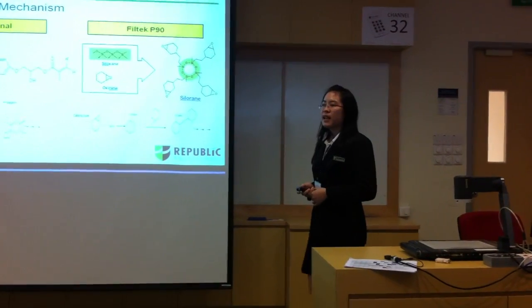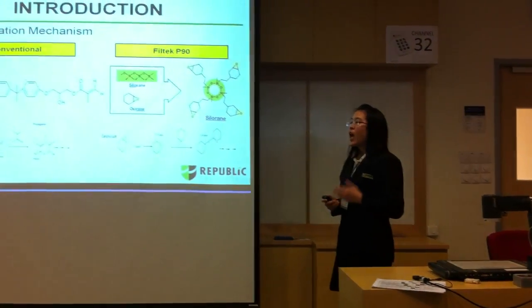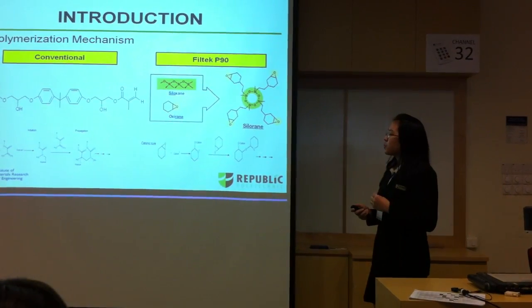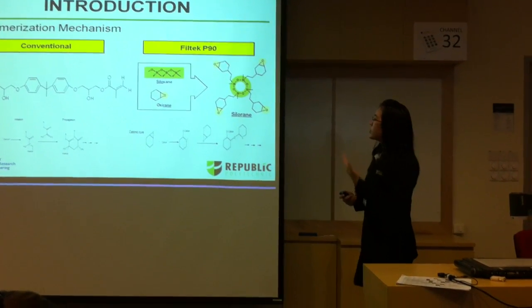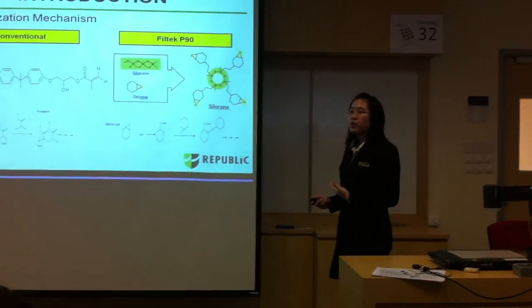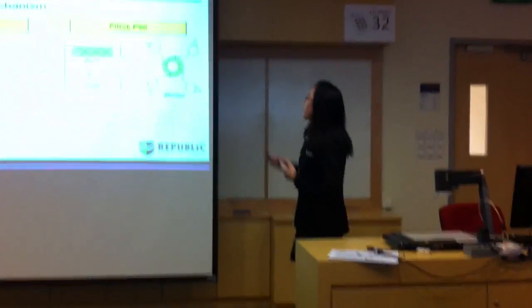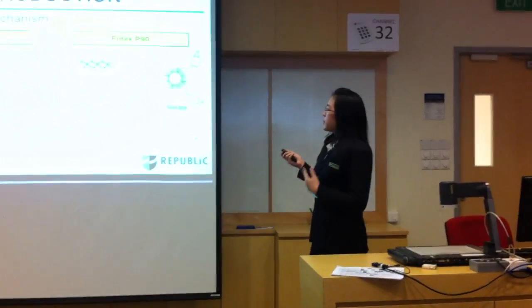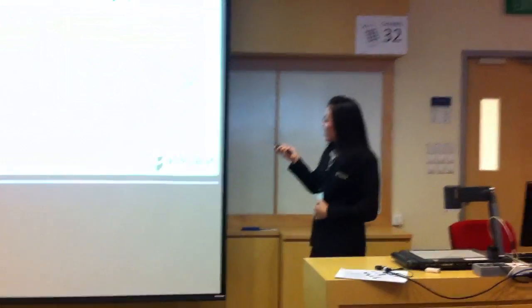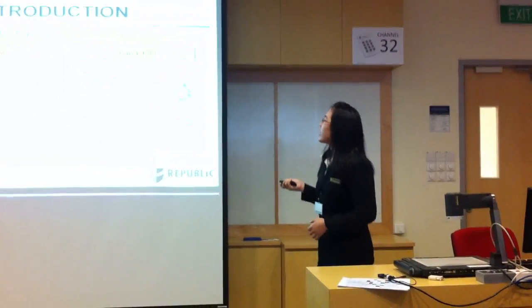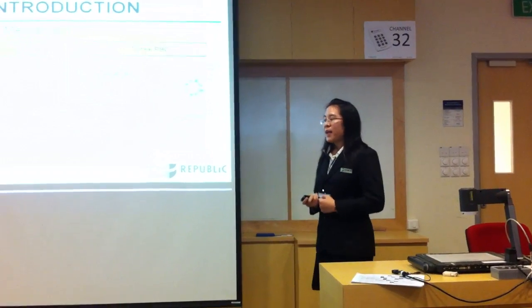It's Filtek P90, known to be low shrinkage. In this project, we are discovering how this new material will help. This material consists of silorane, which has a siloxane backbone and oxirane. It works on a ring opening mechanism.